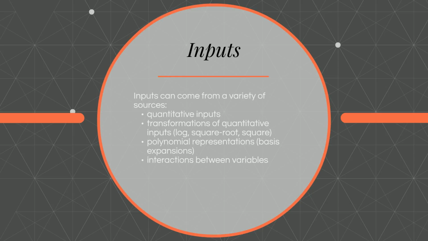So we're not going to dive into this in too much detail yet, because in video 5 we're going to talk about these things, specifically basis expansions and regularization. But just know that our inputs don't necessarily have to be the training data specifically. They can be variations of that data.